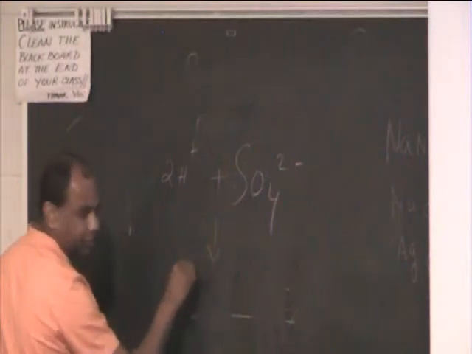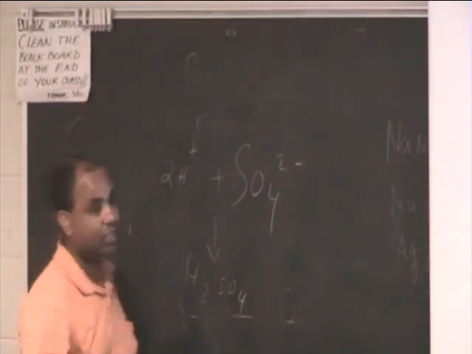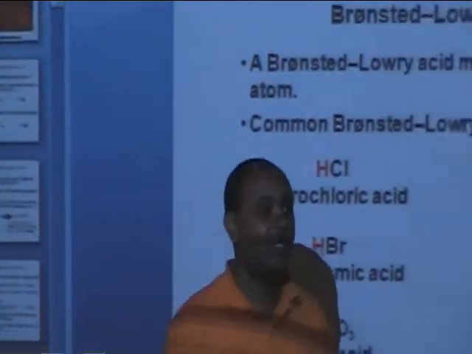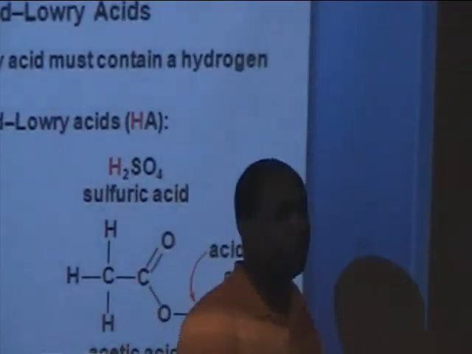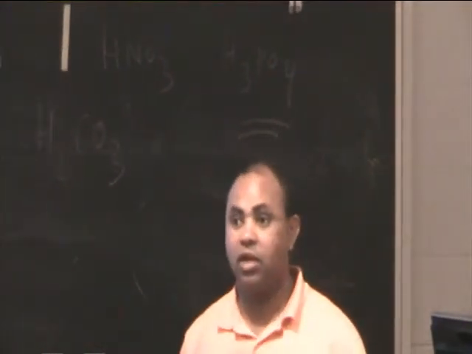What do you get? H2SO4. And what do you call this? Sulfuric acid. Always, ATE has to have a suffix of IC. For example, I have chlorate or bromate.